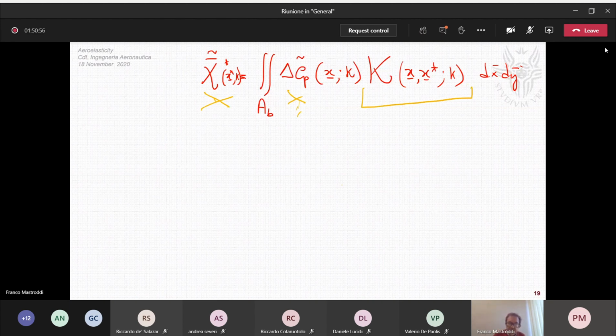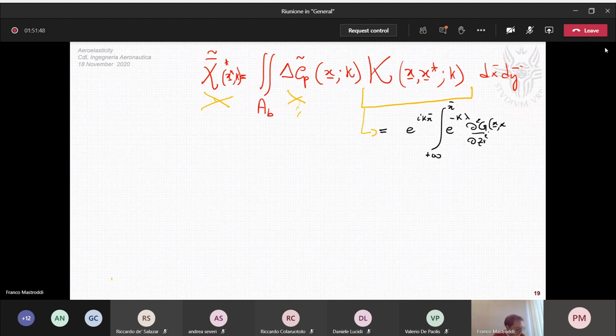This kernel function is analytically defined as equal to e to the power i k x bar, integral from minus infinity to the present point x bar, of e to the power minus i k lambda, second derivative of g with respect to zeta and zeta star, and this g is a function of x and x star as usual.